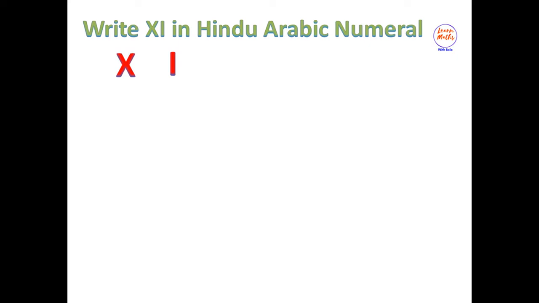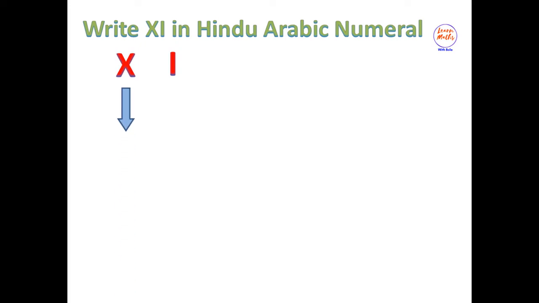Write XI in Indo-Arabic numeral. This is another example. Now let's do it the way we did it before. I'm sure you're already looking at it and trying your hands on it, or let me say I'm assuming.